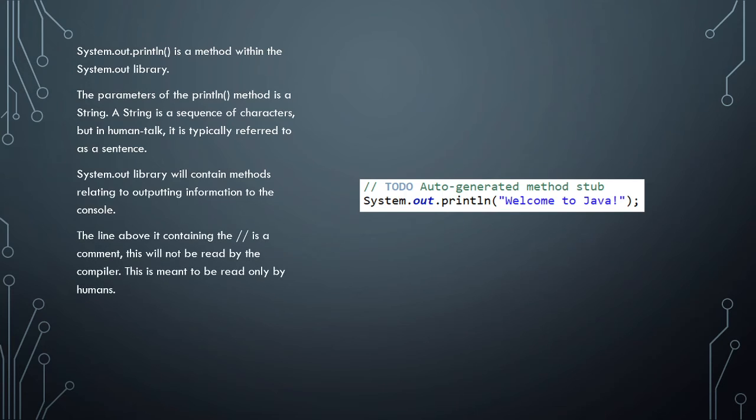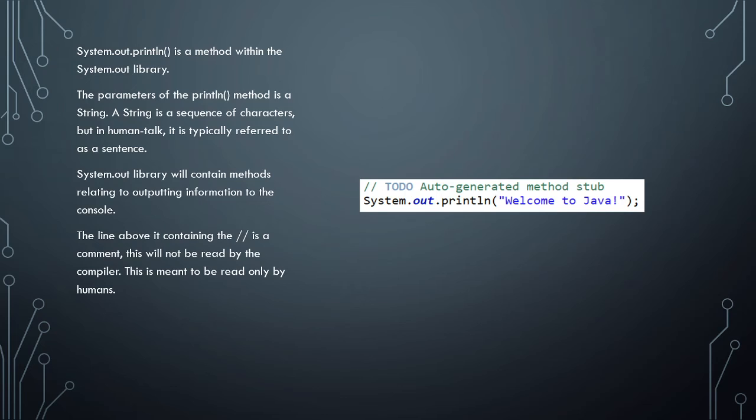And the line above it contains the two forward slashes, the double slash. It's a comment. So this line will not be read by the compiler. Instead, this is just text for us to read. You'll see that it just says "TODO auto-generated method stub." This is auto-generated from my IDE.